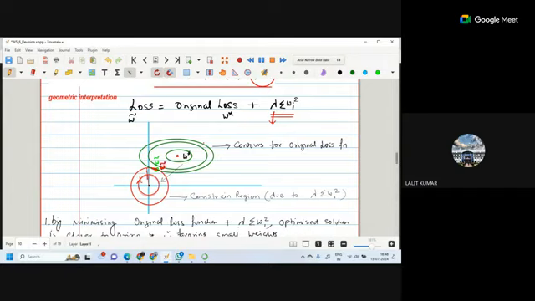Instead of W star, this is your final weight vector.